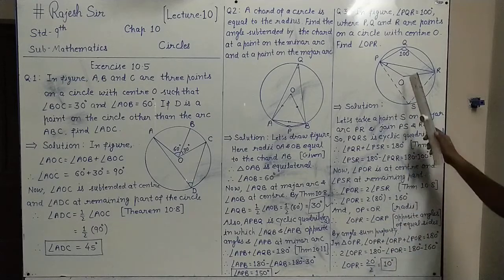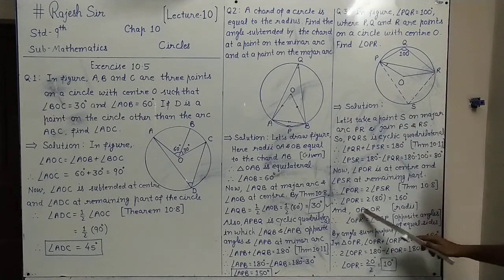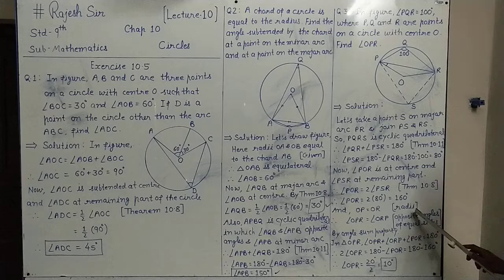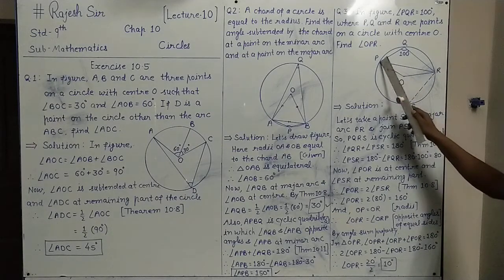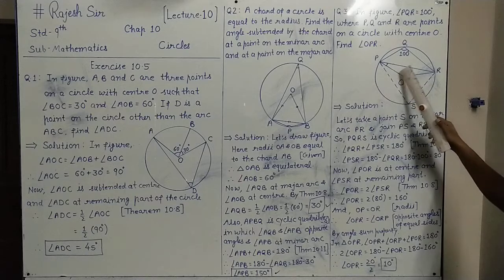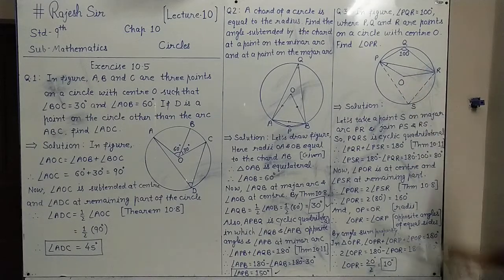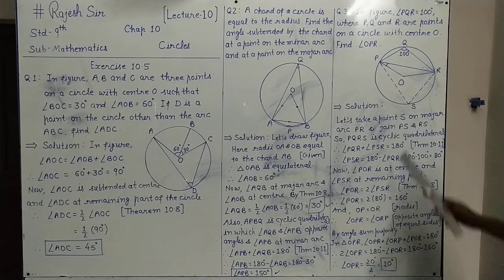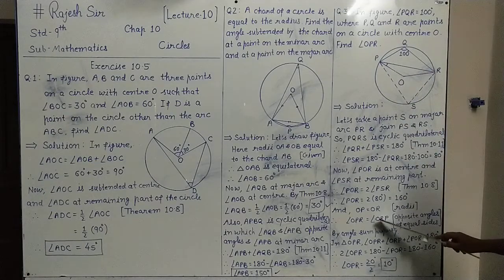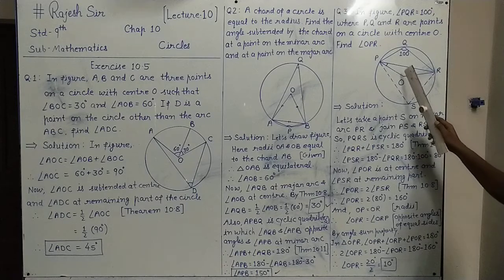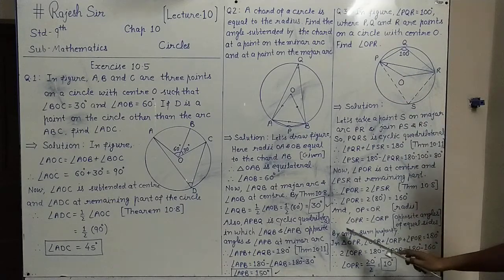Now, OP equals OR because they are radii of the same circle. In triangle OPR, equal sides are there, so their opposite angles are equal. Therefore angle OPR, opposite to side OR, equals angle ORP, opposite to side OP.